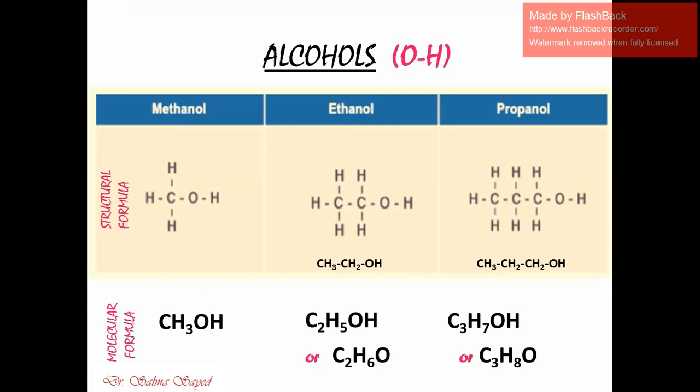So, as we said previously, chemists have grouped different organic compounds into families known as homologous series. Each homologous series shares some common properties, including that they have the same functional group. In the case of alcohols, it's the OH group or the hydroxyl group. Since they have the same functional group, they will also share similar chemical properties.